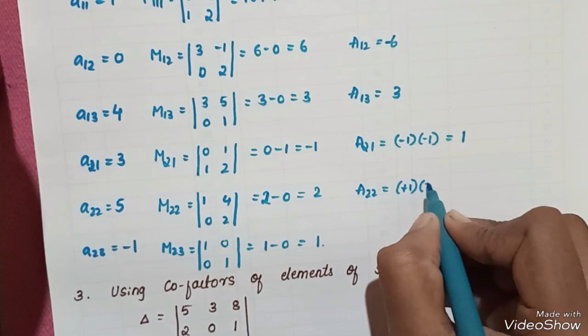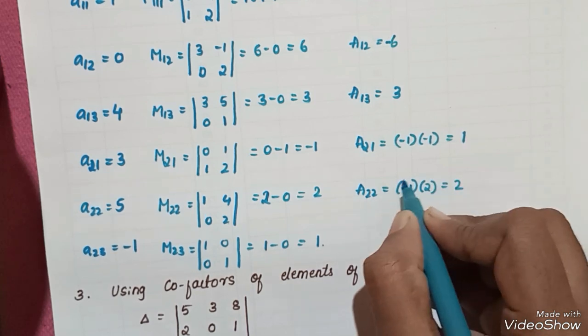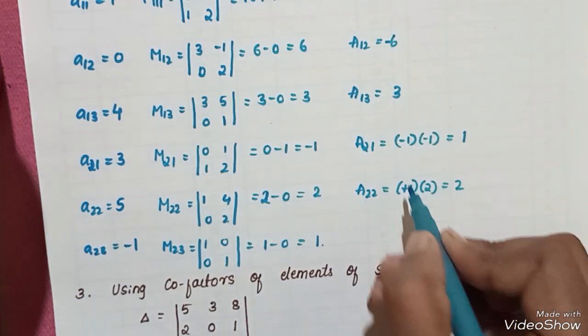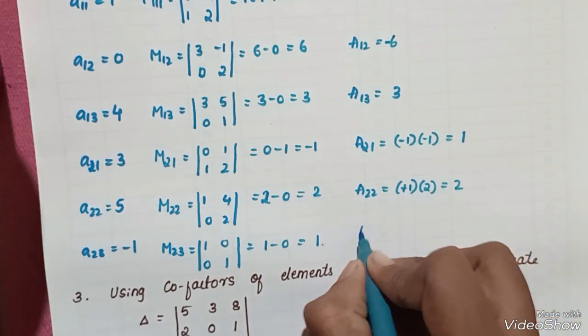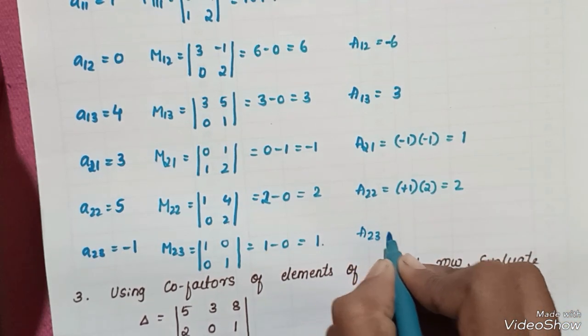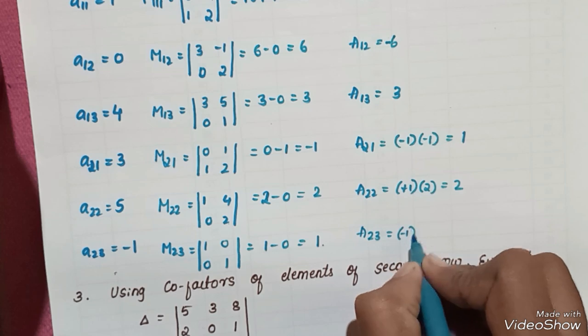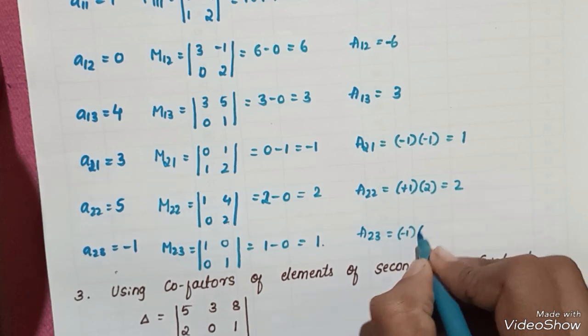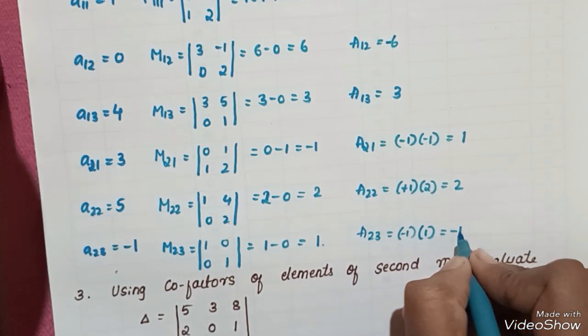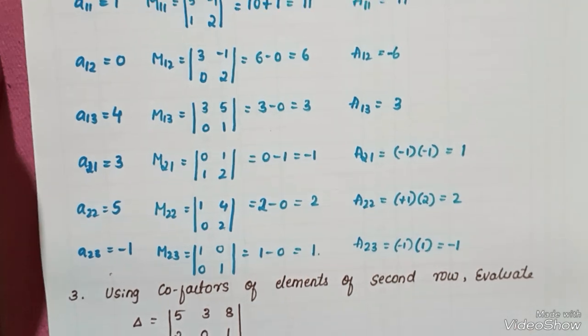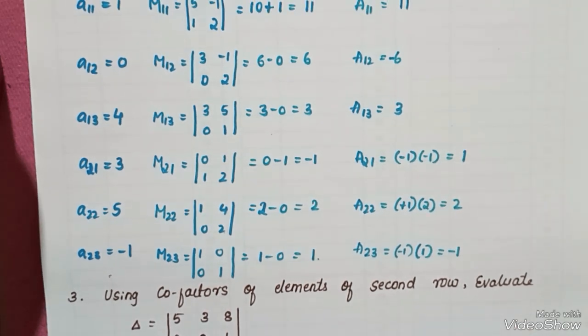Here the element 2, the sign will be positive, that's why I am taking positive. Here a23 becomes -1 into 1, that is -1. Therefore, the cofactor of an element -1 is -1. Cofactor of an element 5 is 2. Cofactor of an element 3 is 1. Again 4 is 3.